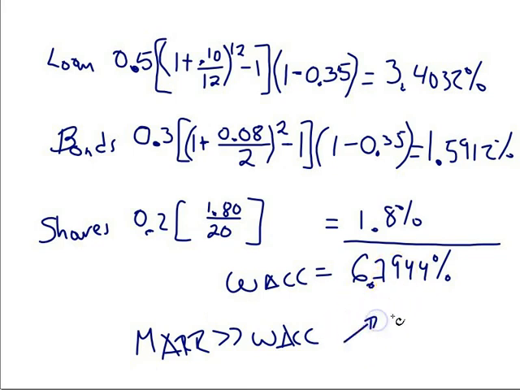Some people use maybe 3 points, that is 3%, so maybe 9.7, rounded up to 10%. Some people might even use 10 points, so 17% maybe. And that would be the relation of the minimum attractive rate of return to the weighted average cost of capital.